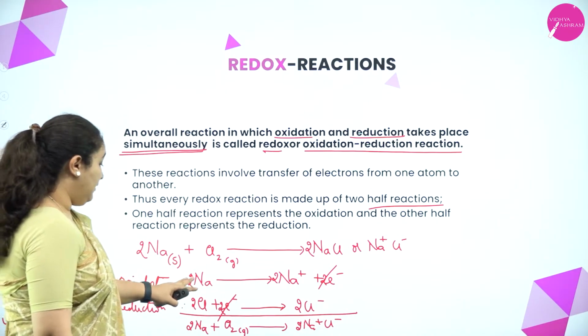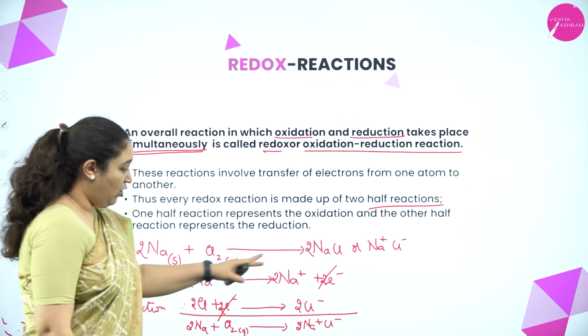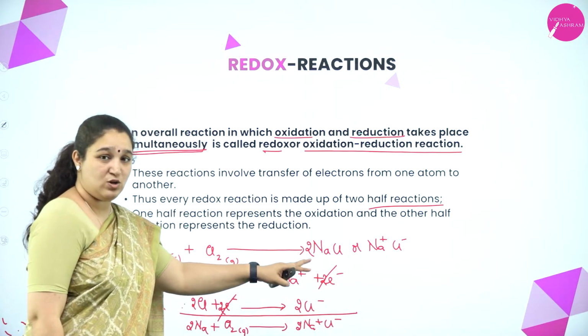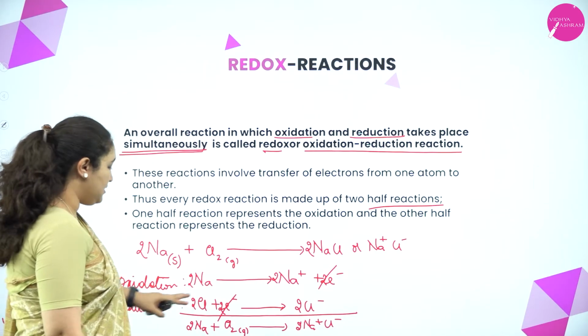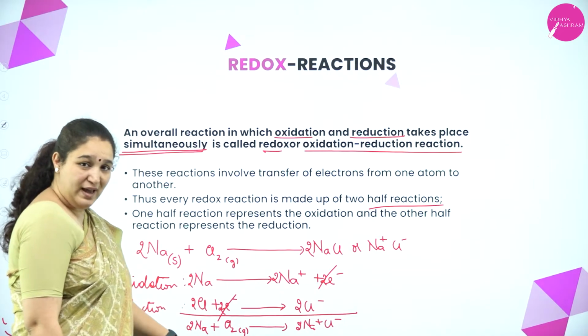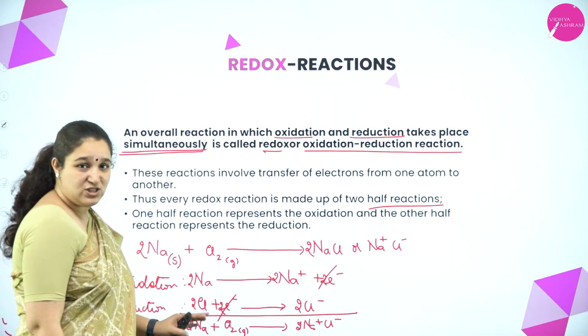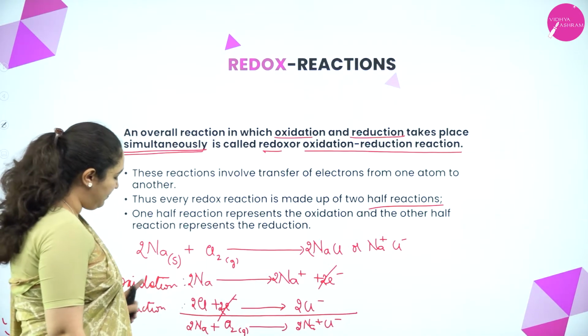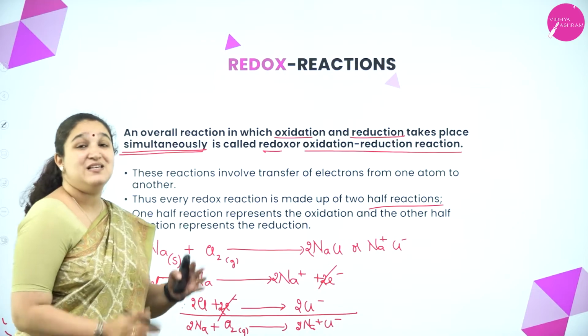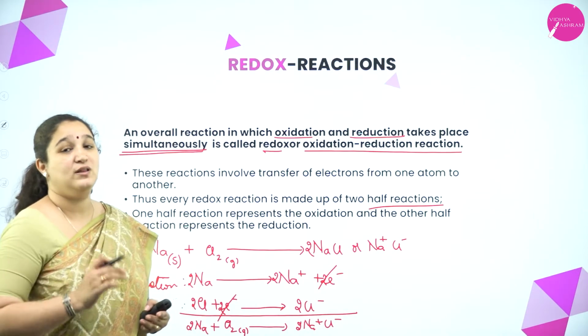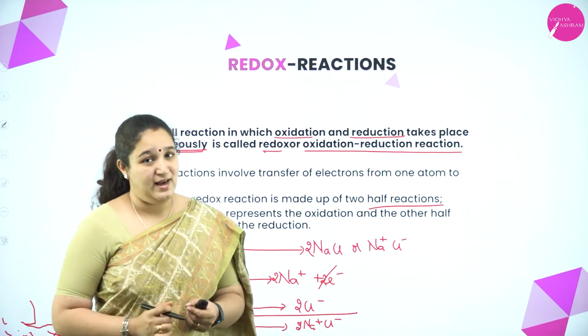So, the first reaction, which shows the oxidation, is called the oxidation half reaction. This is the reduction half reaction. When I add them, I will get the overall reaction. And such reactions where oxidation and reduction are happening simultaneously, we call them redox reactions.